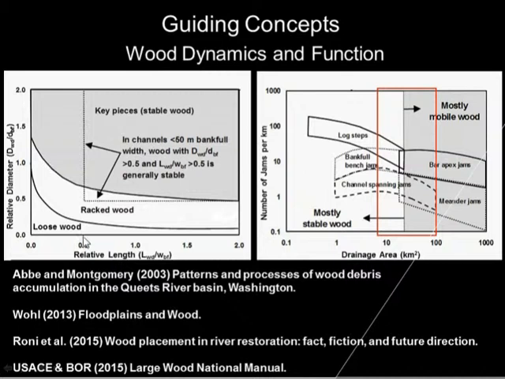Basically, once you start getting over 0.5 in each metric, you get increased stability. Another way I look at this graph is that it takes the large pieces of wood to hold the medium-sized pieces of wood, and the medium-sized wood to hold the loose wood, and it's the loose wood that holds the fish. The graph on the right shows different wood jam types and the different watershed domains where they're commonly occurring.